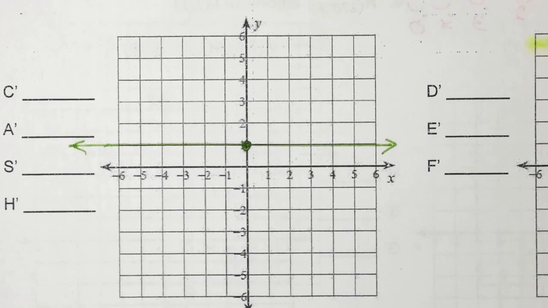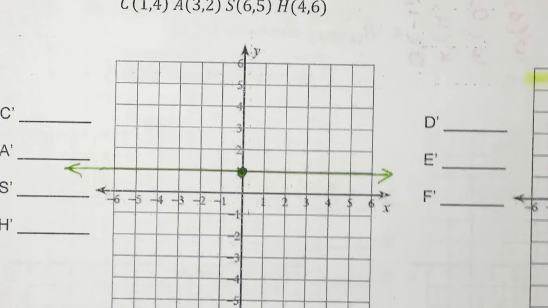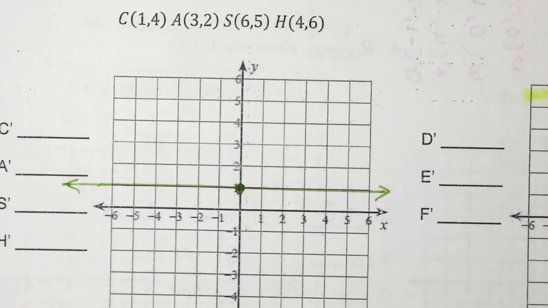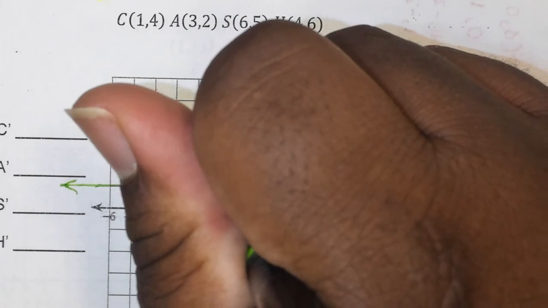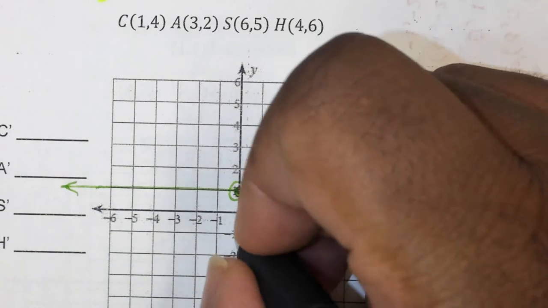The vertical I can use the Y. So for me, I got my center of rotation on at 0, 1. Next thing I need to do is from my 0, 0, just plot my points. I'm just plotting my regular points. The CASH from 0, 0.